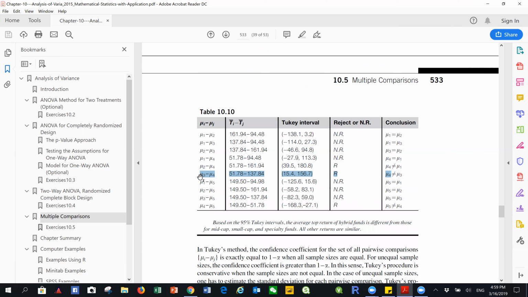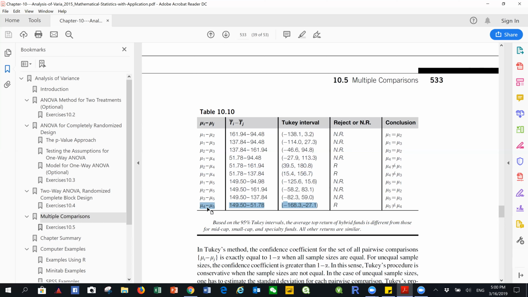What about mu2 and mu3? Mu2 and mu3 include 0. So you cannot conclude that 2 is greater than 3. So 3 is greater than 4, 2 is greater than 4. And then mu4 minus mu5 is negative, so mu5 is greater than mu4.